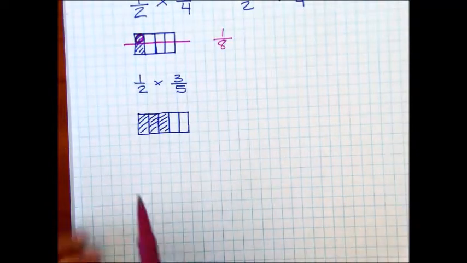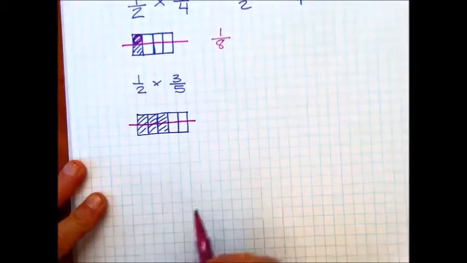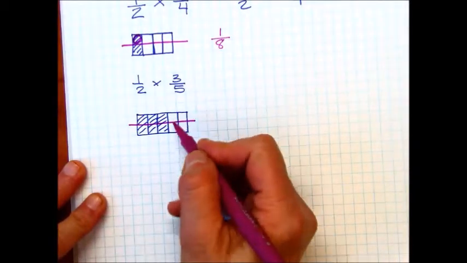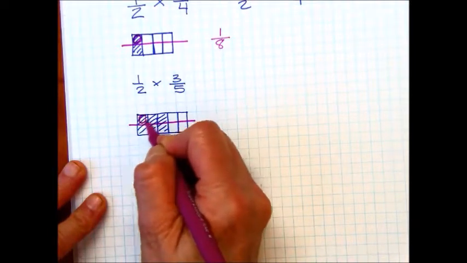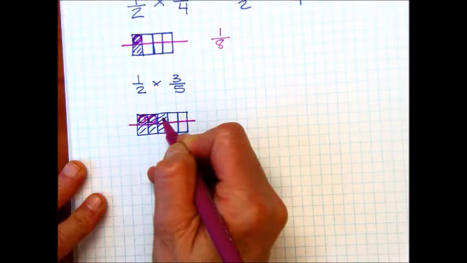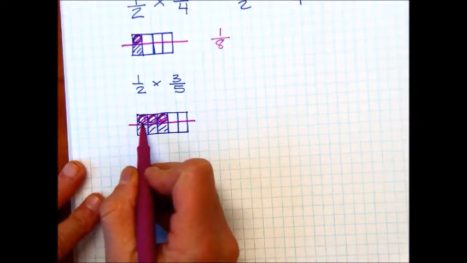Now, because I'm going to cut this in half, I'm just drawing a line through it. And I'm only going to look at half of it. So I'm going to pick the top. On the top there are 3 parts that are shaded. And I'm just drawing a circle to shade it again.